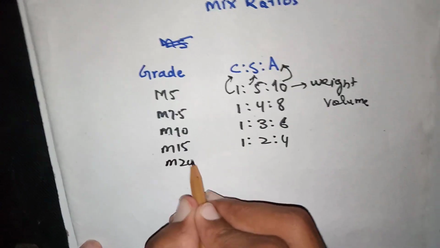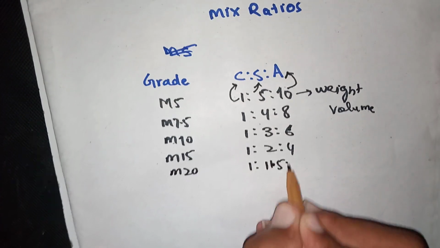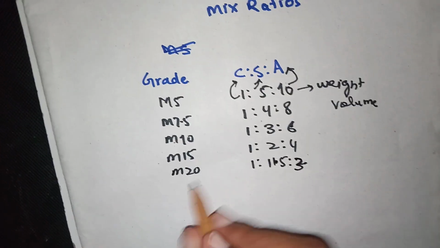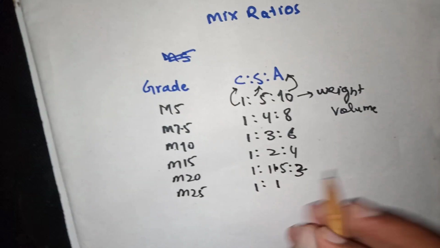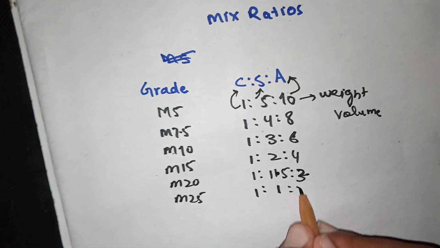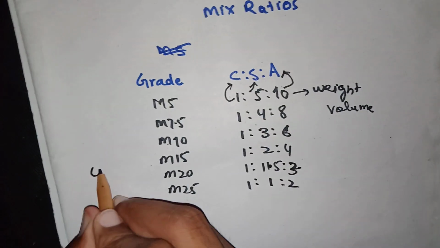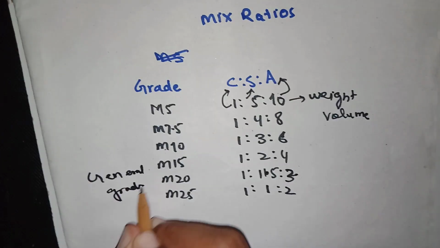Similarly for M20 it is 1:1.5:3. Similarly for M25 it is 1:1:2. So these are general grades of concrete.